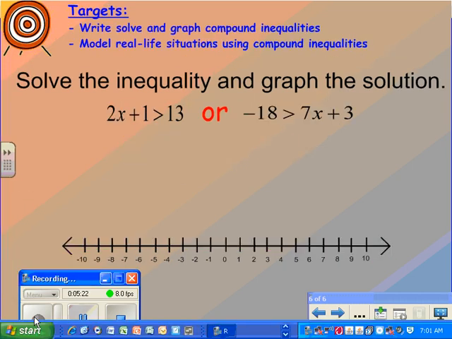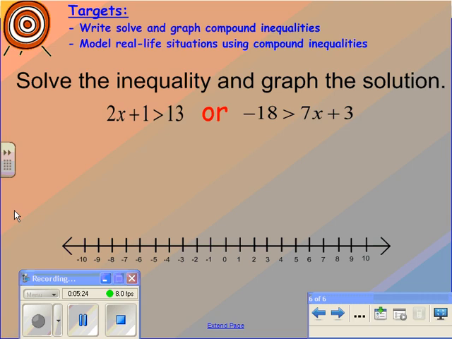All right. On this last slide, we just have multi-step problems. Starting with a two-step, our first inverse would be to subtract 1 from both sides, bringing down the 2x, and now we have 12 over here, finishing out by dividing by 2. Since I divided by a positive, the inequality symbol remains the same. So the solution on my first statement is x is greater than 6.